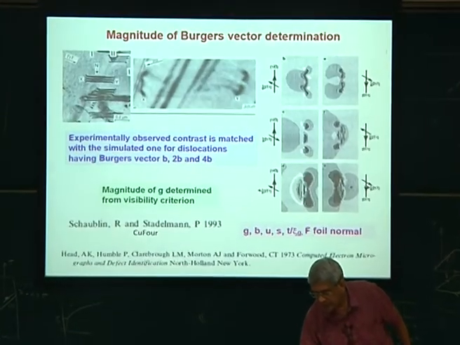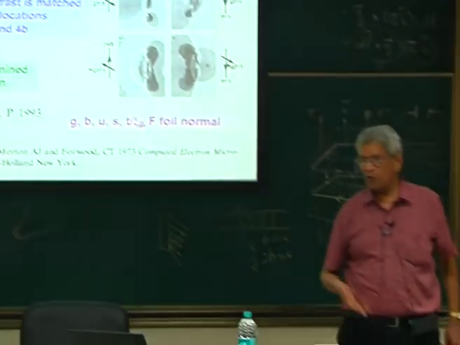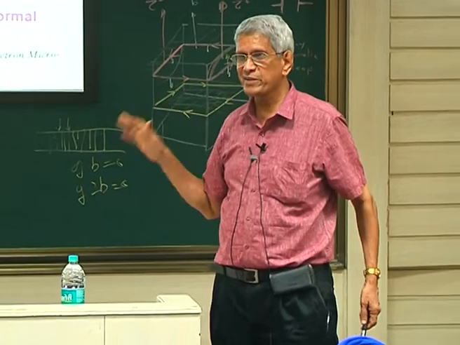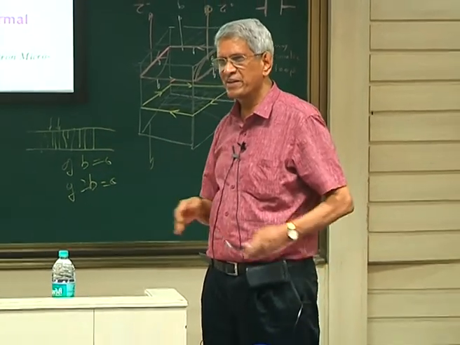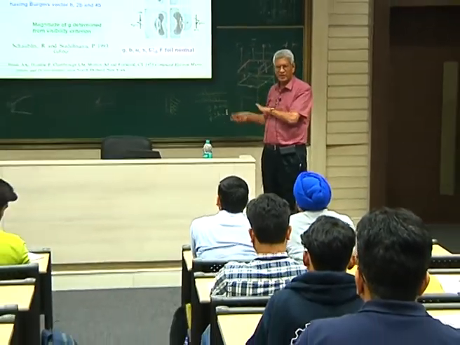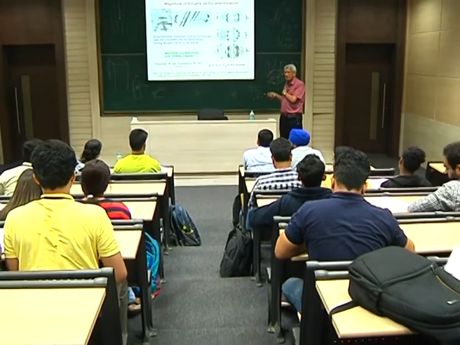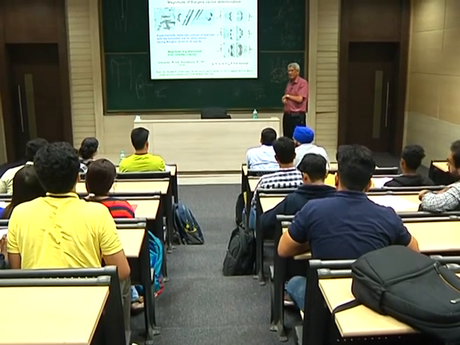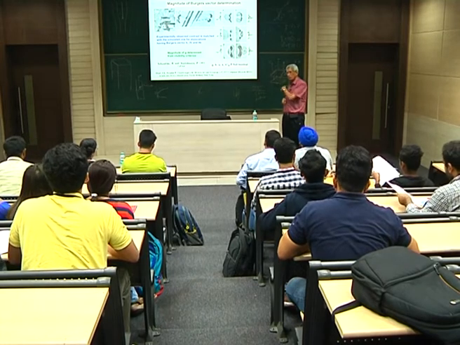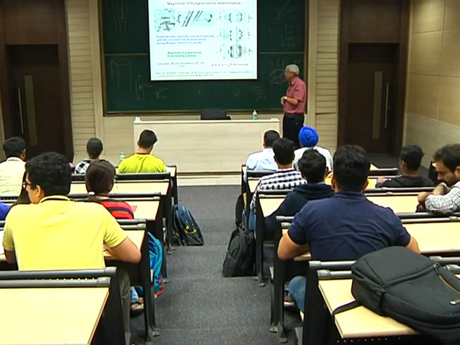With this I will stop here. Tomorrow, because this is the basic characterization of dislocations which I had covered, I will talk about microscopy basics and how we can get this information, what can be done. Then on this basis, how various types of Frank loops and stacking faults appear, all those things I will cover in tomorrow's lecture.